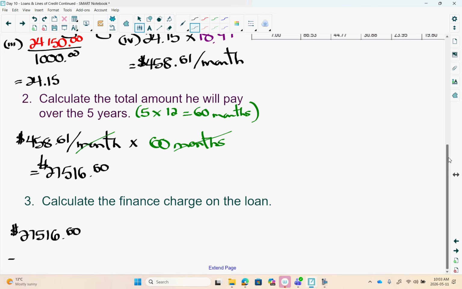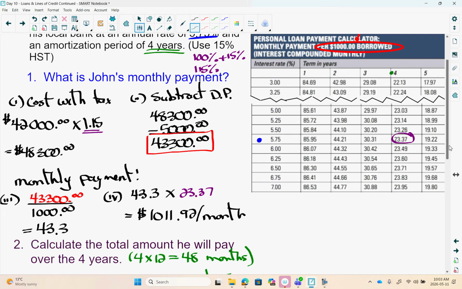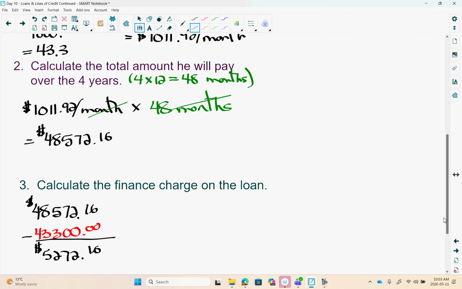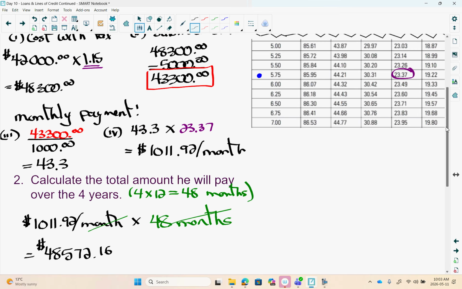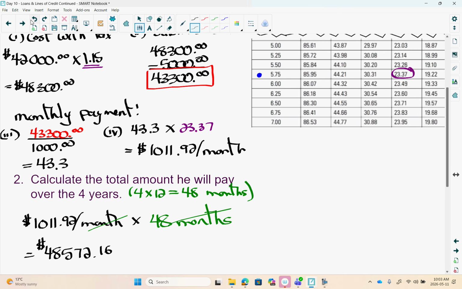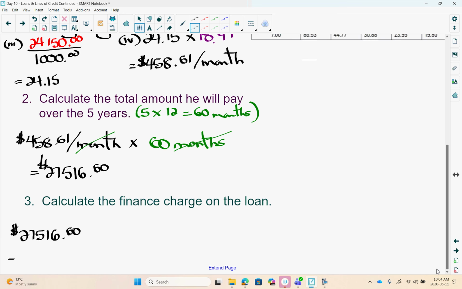Which one? Not 36,000. Look at how much did he borrow in this one? Look at the last example. I subtracted the 43,300. Subtracted this number right here. What's that number, or what's in place there? How much did he borrow? $24,150.